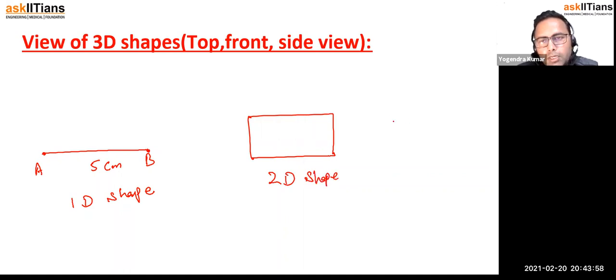Now if there is a cube or cuboid, what do we call it?